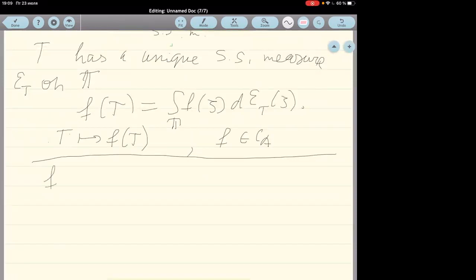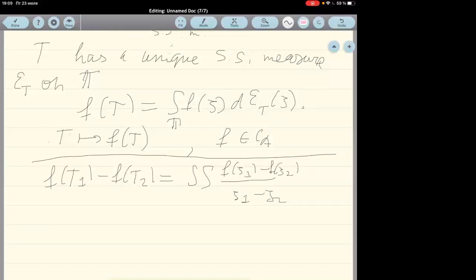So we can write f of T1 minus f of T2 as the double operator integral of f of zeta 1 minus f of zeta 2 over zeta 1 minus zeta 2 with respect to the semispectral measure dE_T1 of zeta 1 times T1 minus T2 times dE_T2 of zeta 2.